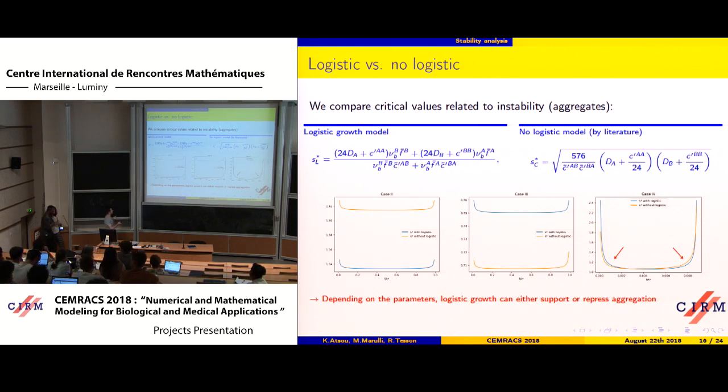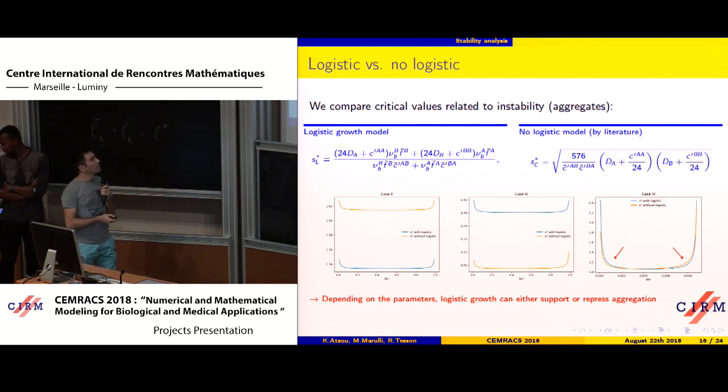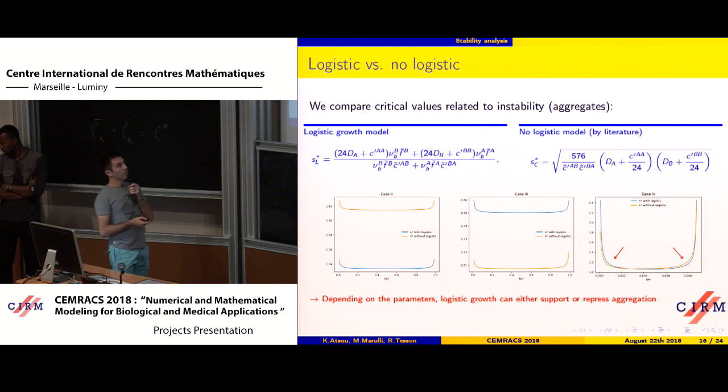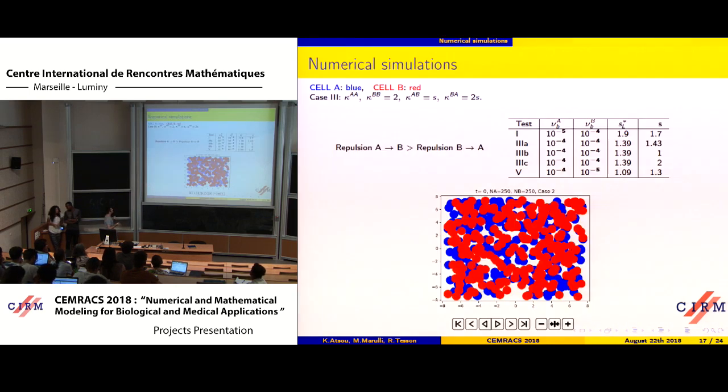What we get from that is that, depending on the parameters, logistic growth can either support aggregation or repress aggregation. So the situation is not very simple, and you want to see what happens during the numerical simulation.